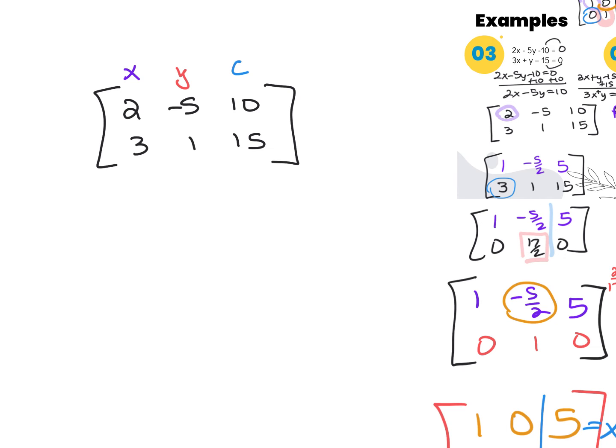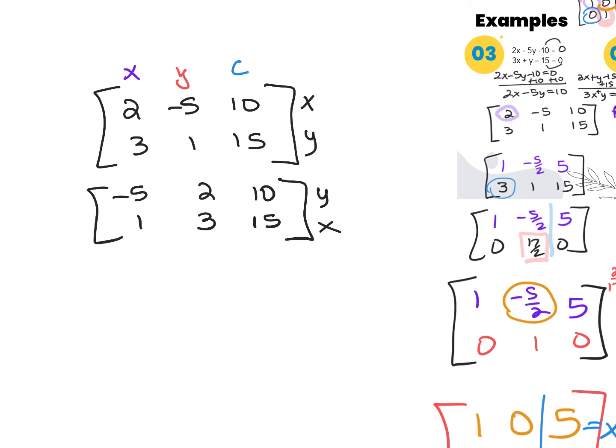So I'm going to switch, and you can only switch columns before you start any kind of manipulation on the matrix. So I'm going to switch my X and Y column, and I'm going to put -5, 1, and then the 2, 3, and then this stays the same. And now what's happened here, initially, this was for X, this was Y. When you do a column switch, the order of the answers is also going to switch.